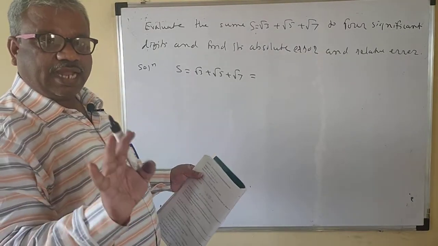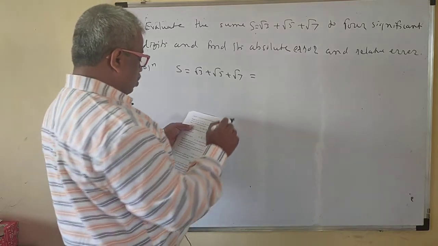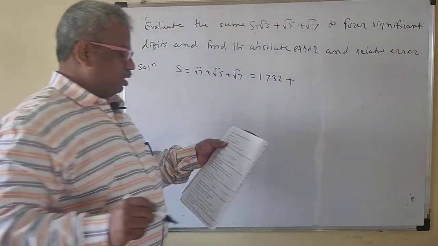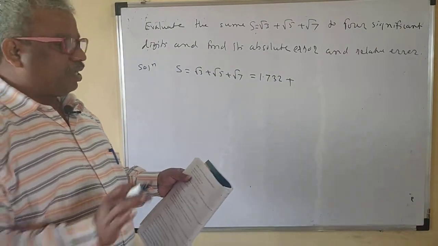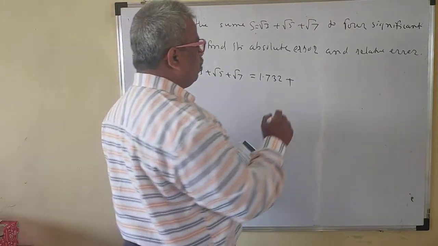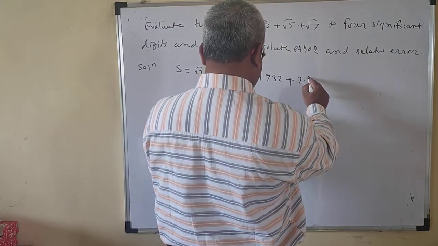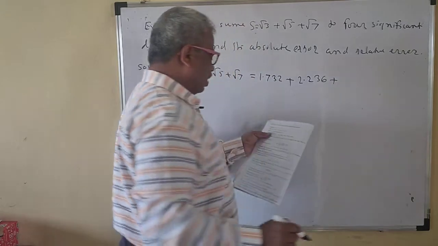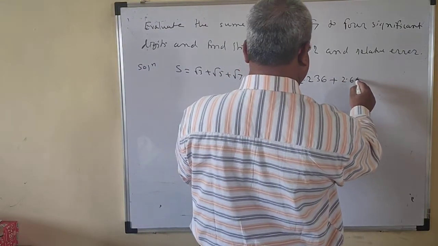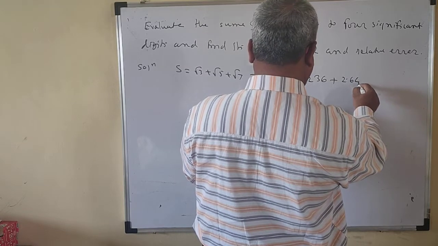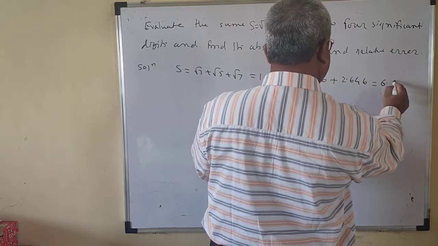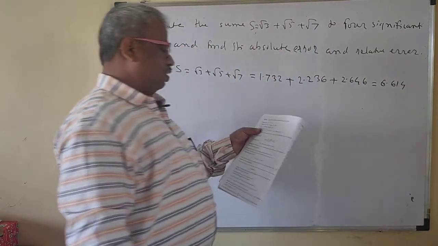Just see the screen and take only the first 4 digits. Root 3 is 1.732, plus root 5 is 2.236, plus root 7 is 2.646, and the sum of these values is 6.614. So this is your S.